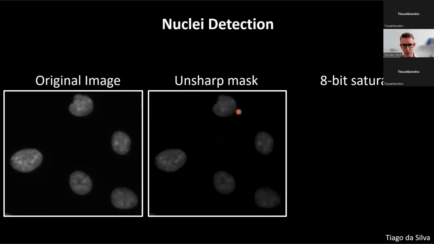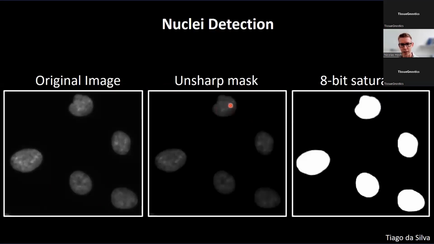It does remove a little bit of the true signal, but what we do next is convert this 16-bit image into an 8-bit image. In that process, we also saturate the signal in a way that now the whole background is completely black, and wherever there was a nucleus, the signal is essentially completely white. This is a much cleaner boundary for the software to try and detect where the nuclei are.